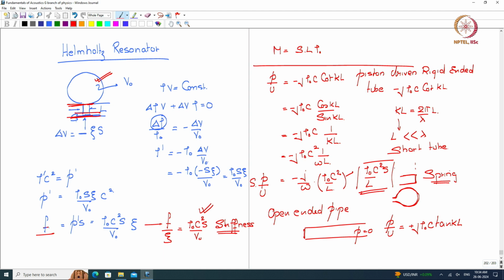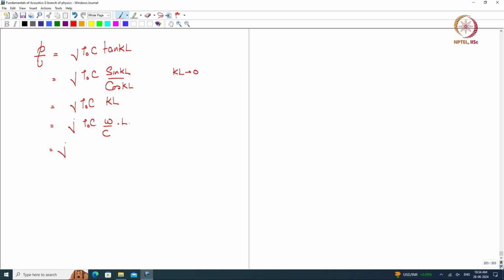Okay, there is a spring with this stiffness. We need a cross section area to make it a force. Now same thing here, we will multiply by a cross section.